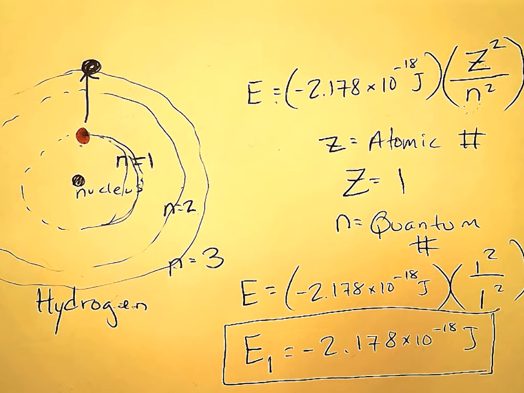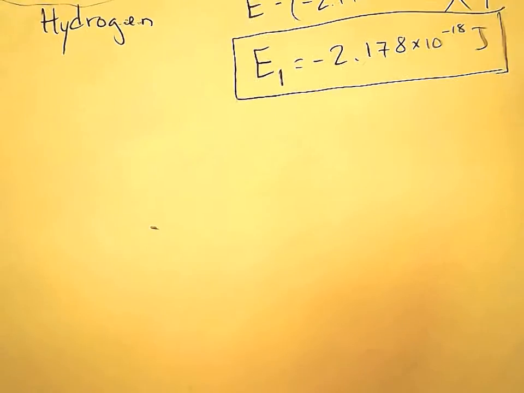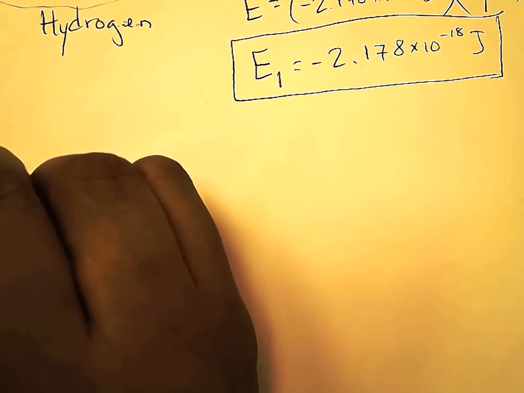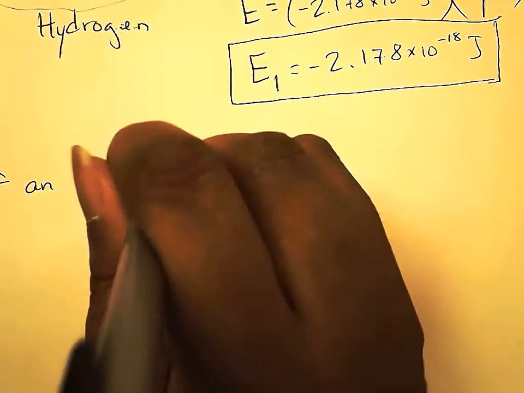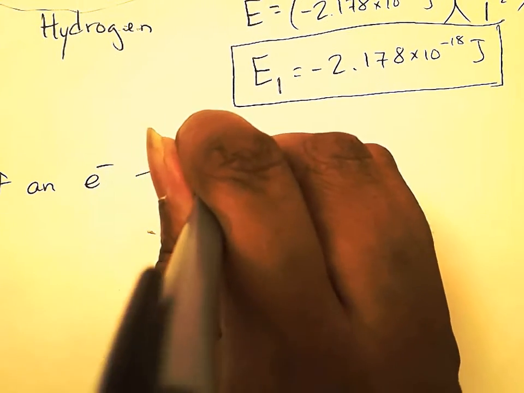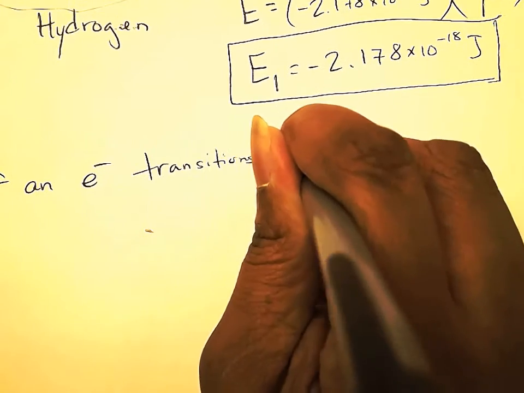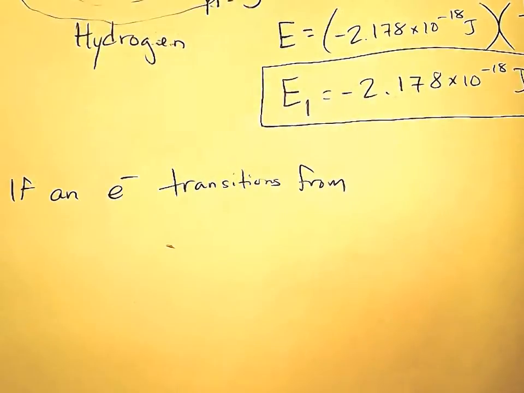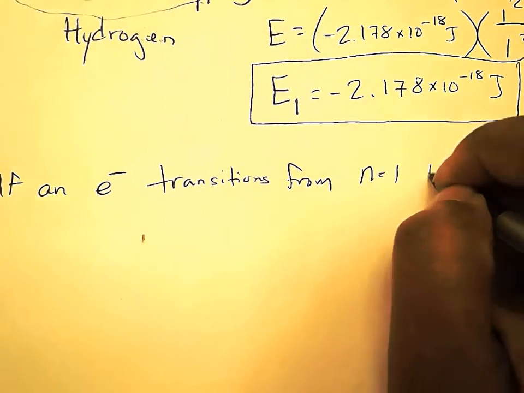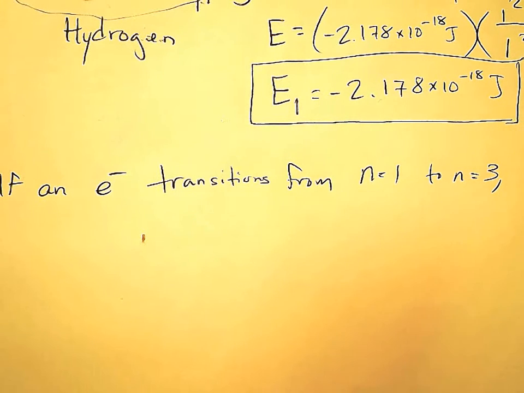Let's describe what's going on. If an electron transitions from N equals 1 to N equals 3, what is happening?